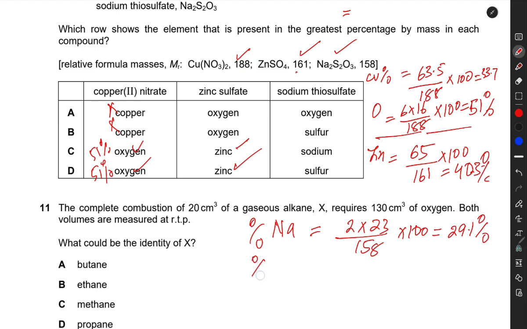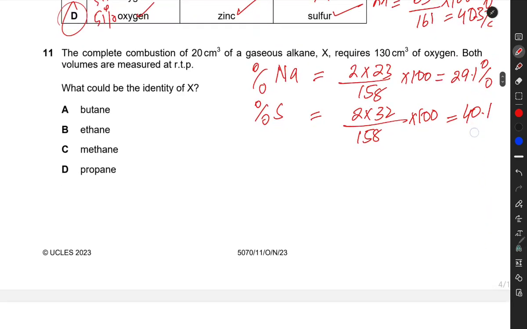And sulfur is 2 into 32 divided by 158 into 100. This is about 40.1%. So sodium is not a correct option. So in sodium thiosulfate, sulfur has the largest. So D option is the correct option.